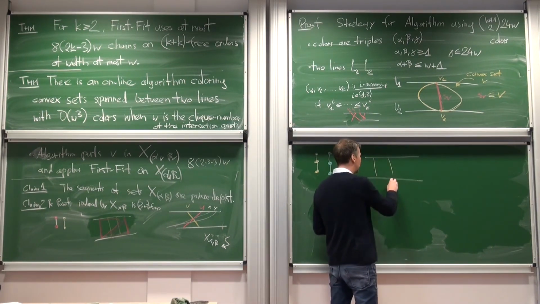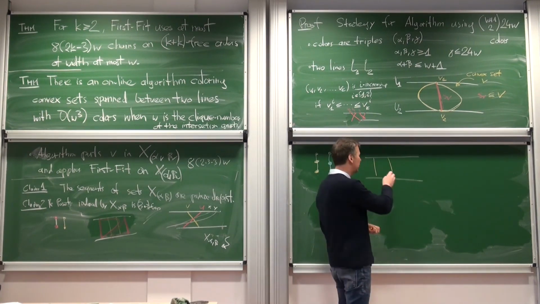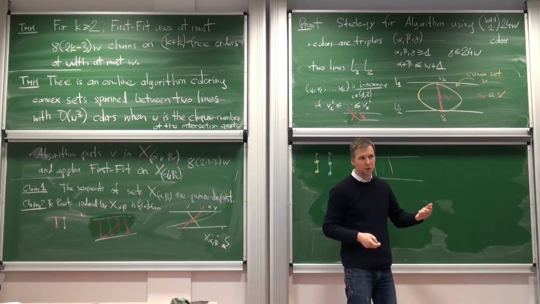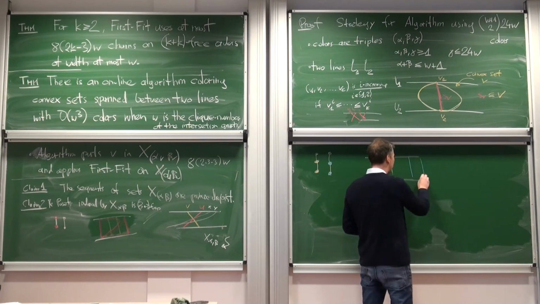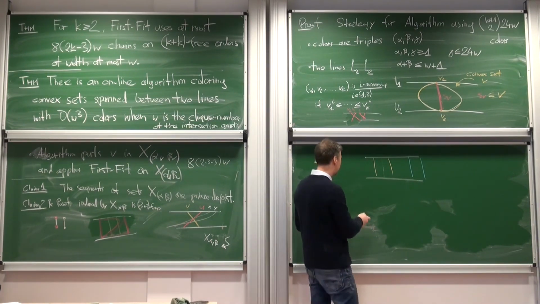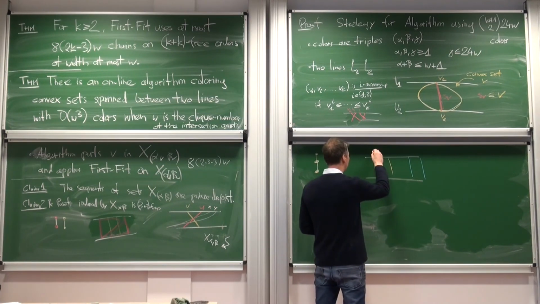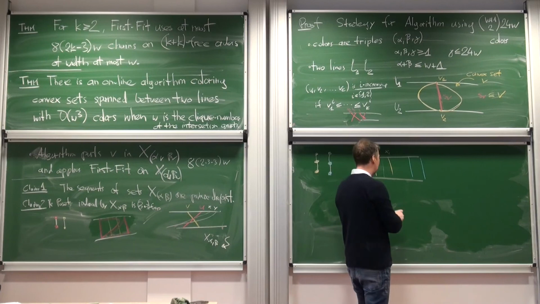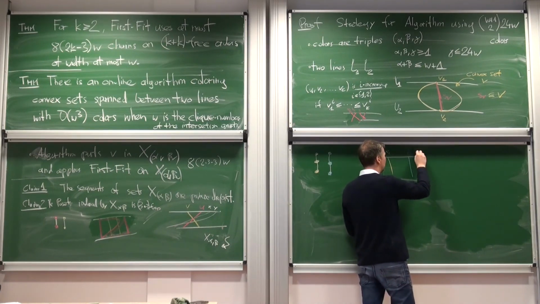So let's assume that this is 2 yellow. I don't care if there's a blue in the middle or not. And in the last 3, there must be 2 of the opposite color. So say that this is 2 blue. And now, let's call this guy x1, this guy x2, and these guys are y1 and y2.